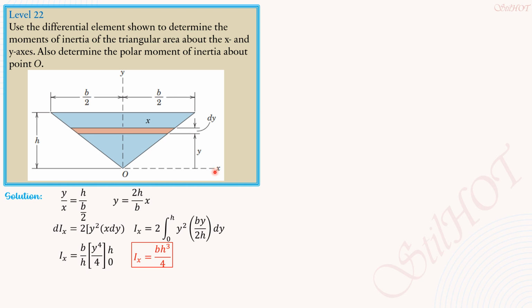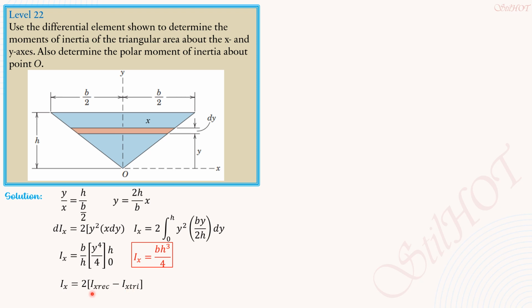Moment of inertia of a rectangle is b over 2 h cubed over 3, while the moment of inertia of a triangle with respect to the base or the x-axis is b over 2 h cubed over 12. So Ix is 2 times quantity Ix of this rectangle minus this triangle with respect to the base or with respect to the x-axis.